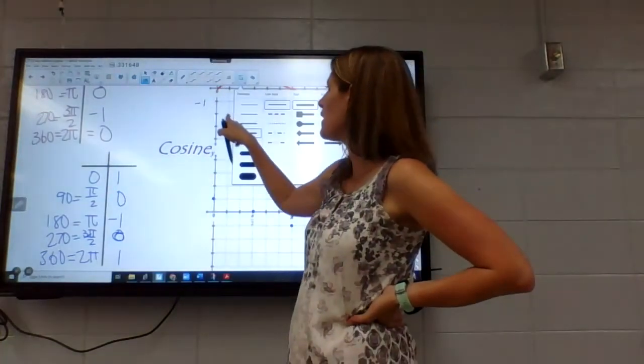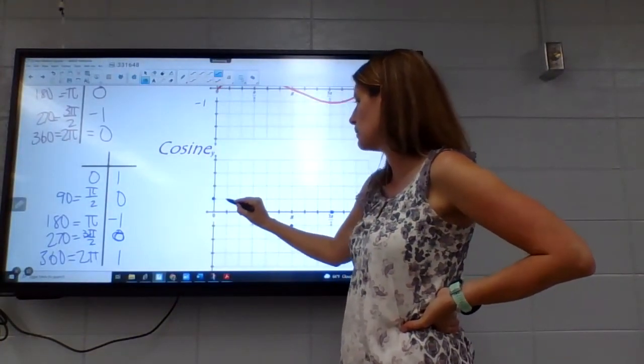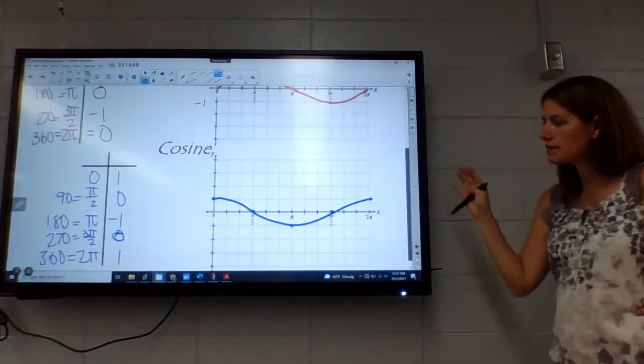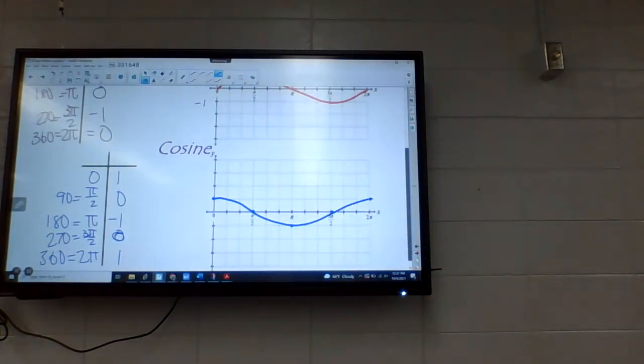Similar wave, it just starts in a different spot, but it would still continue on forever.